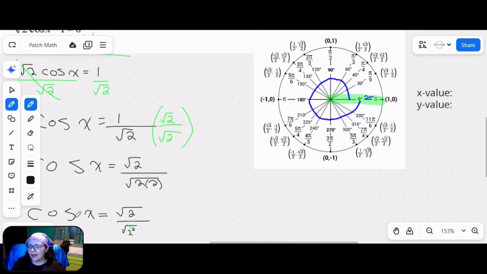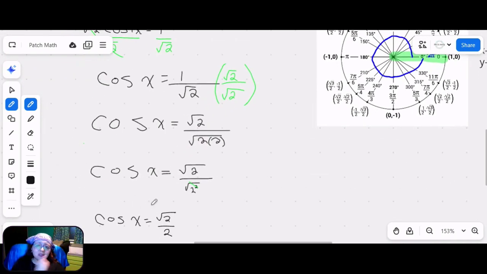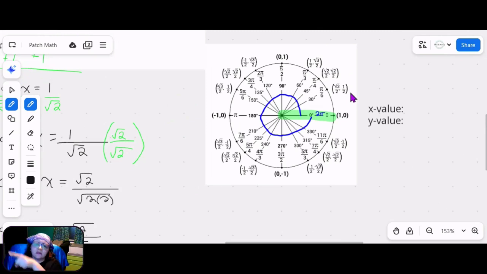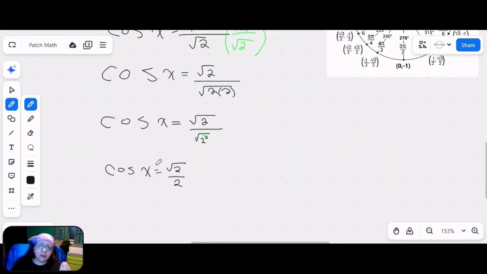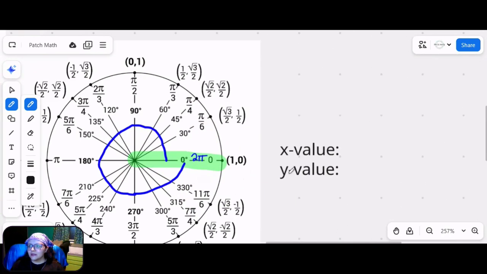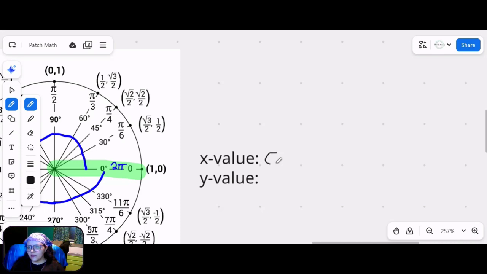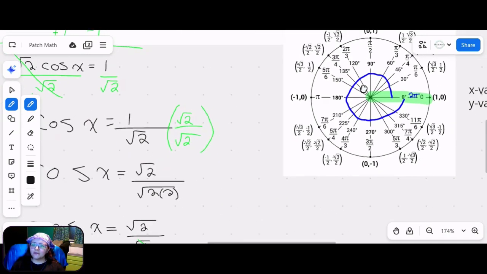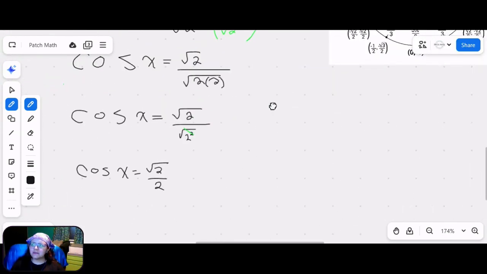It's because we have an x here in our equation, and that's what we're solving for, but it's a different x than these x's over here. It's actually what we more commonly call theta to represent an angle on the unit circle. So x value is cosine of theta, cosine of an angle. That's the x value of these ordered pairs here, and sine of theta is the y value. All right. Now that we've got that clarified, you'll see that our output is positive.